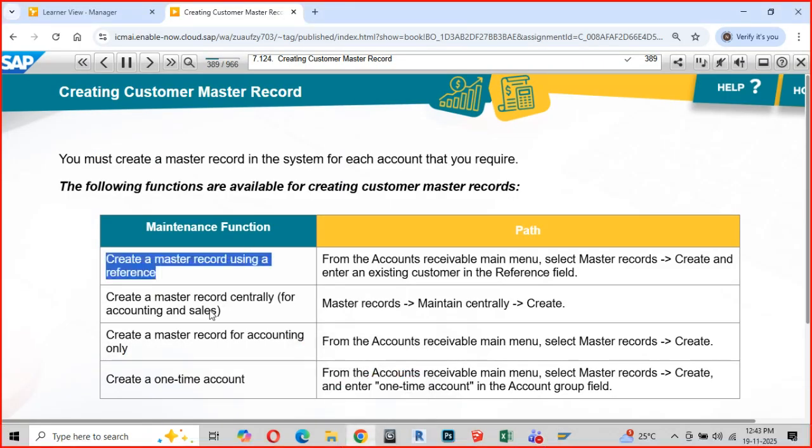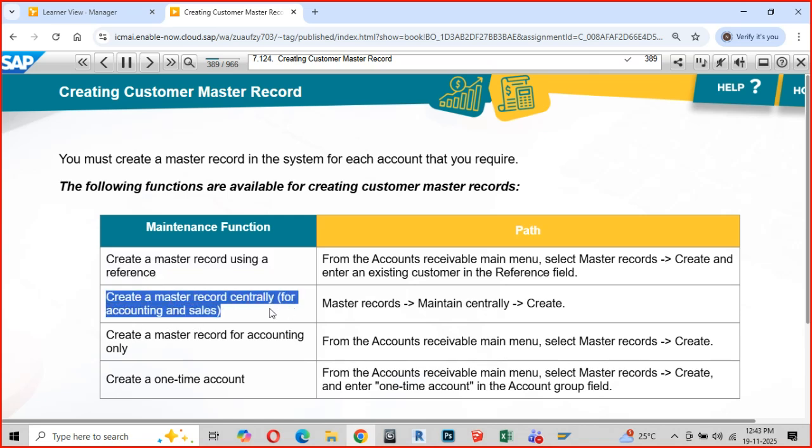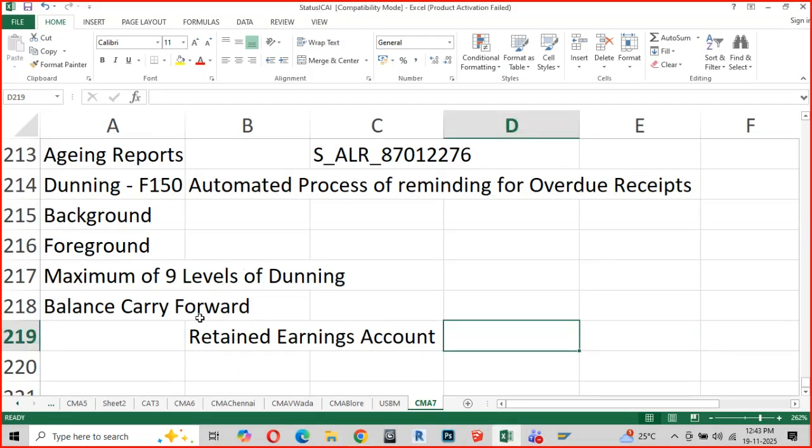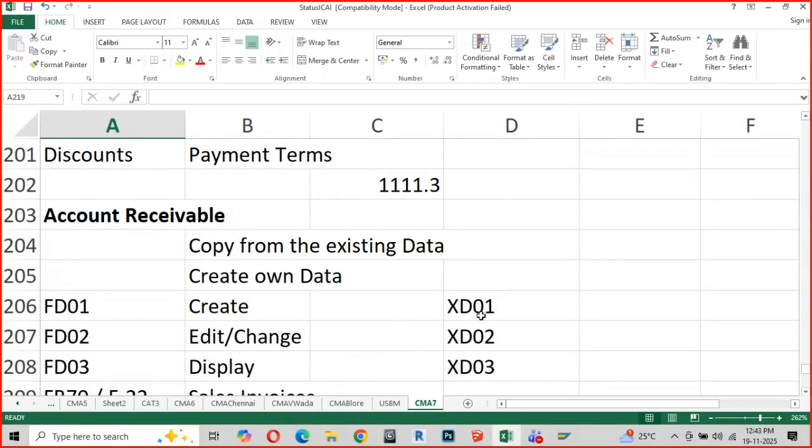Create a master record centrally. What do you mean by centrally? XK01 and XD01 are central. FD01 relates to finance only. Centrally is your XD01, and only for finance is FD01.